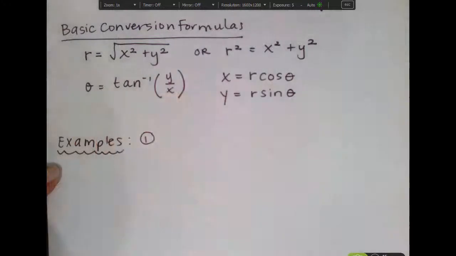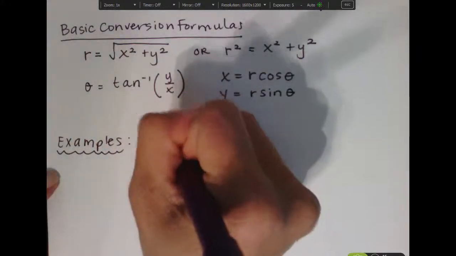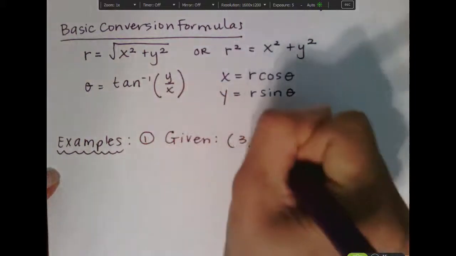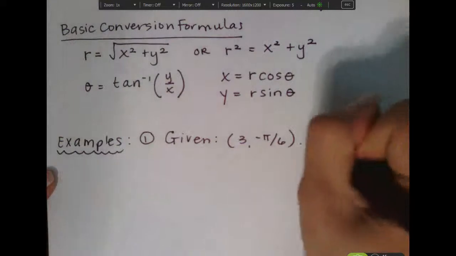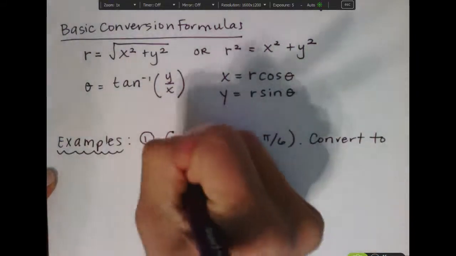So my first example, I'm going to be given 3 comma negative pi over 6, and what I want to do is convert it to rectangular form.